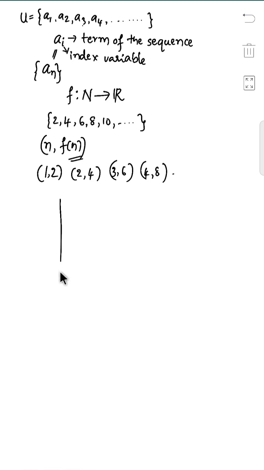When you put that graphically, note these points. This is 1 and this is 2, so we have a point here. Let's say this is 2, 3, and 4, 5, 6, 7, 8.